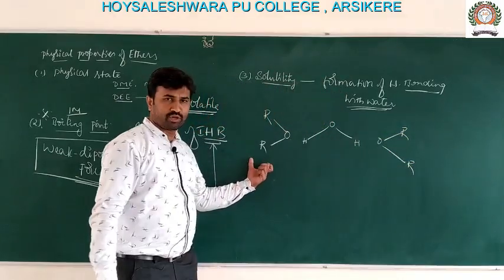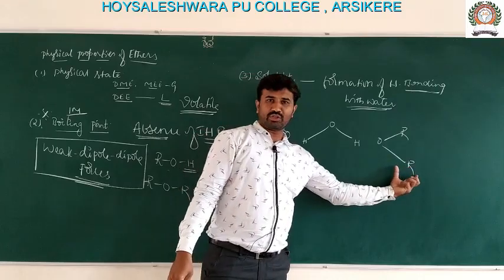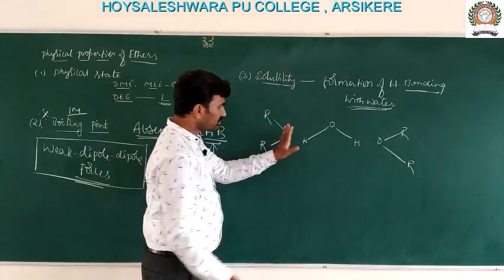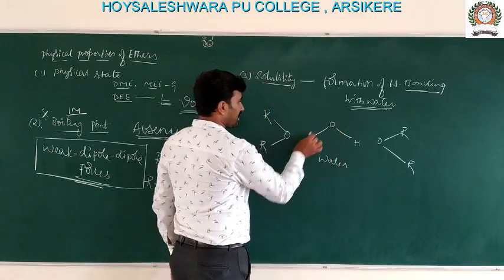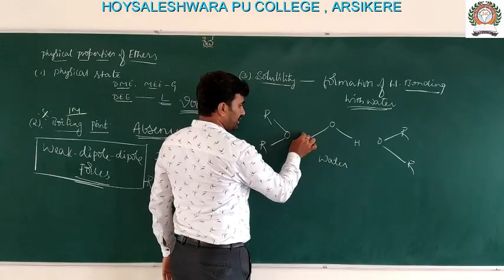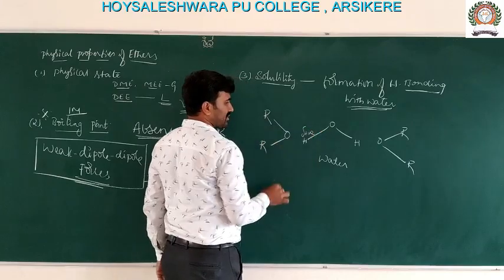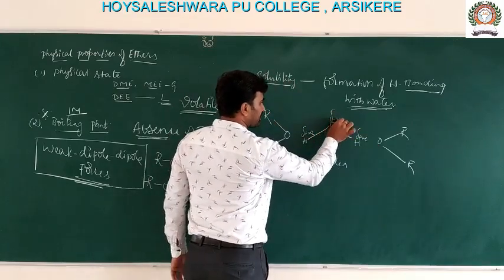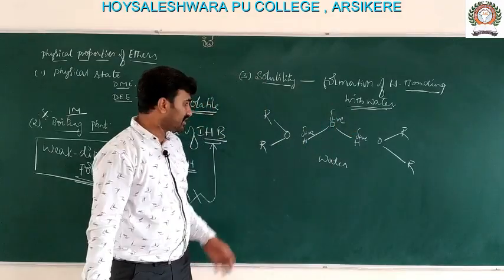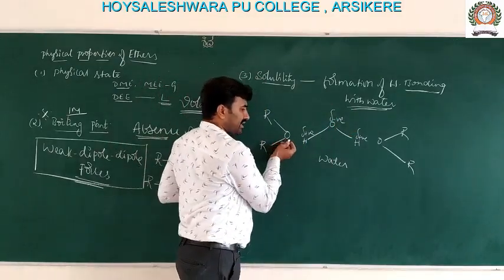This is one molecule of ether, this is another molecule of ether. In between the ether molecules, this is water. This hydrogen atom of water has partial positive charge, and the oxygen atom has partial negative charge, and the oxygen atom is electronegative.